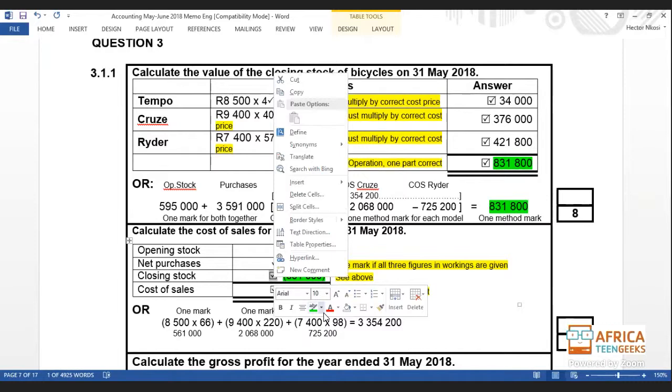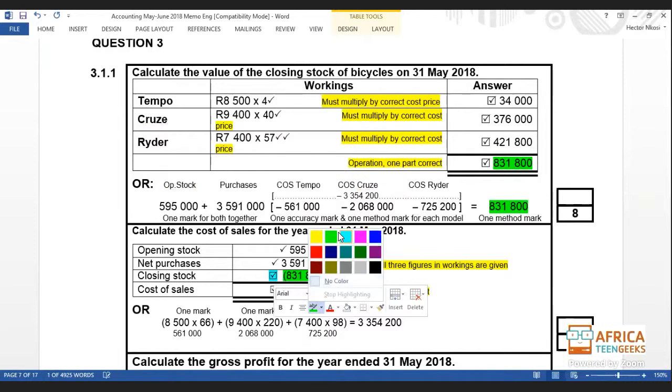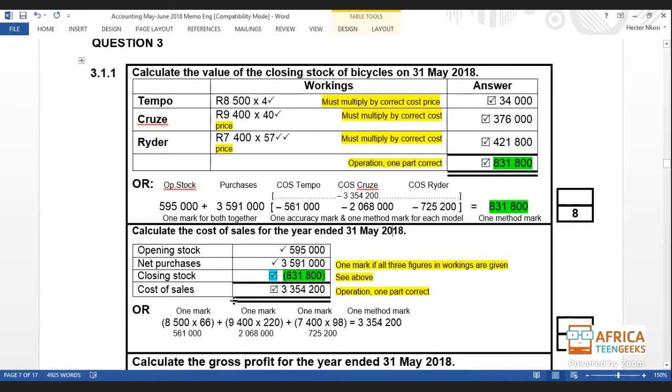A mark with a circle indicates that you knew you were supposed to subtract your closing stock, and you took the answer of your closing stock as it is from your previous answer. So it's a method mark. For now, you'll have the cost of sales of 3,354,200.